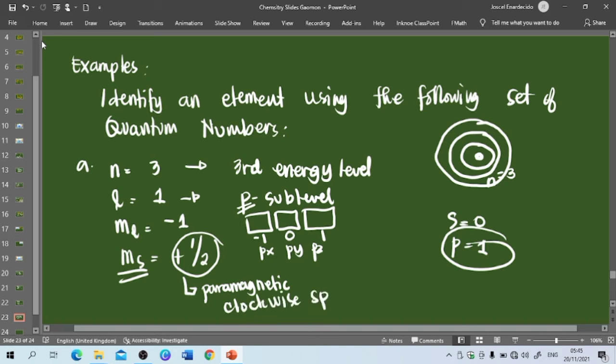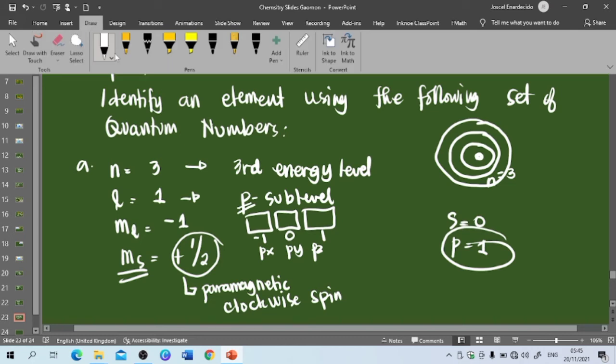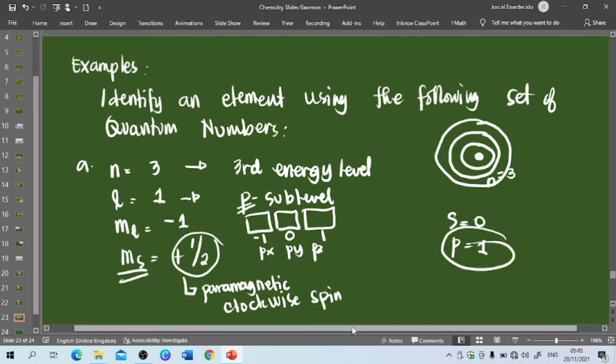Now, let us draw the spin of the electrons in here. So the electrons are, of course, distributed on the P sublevel.